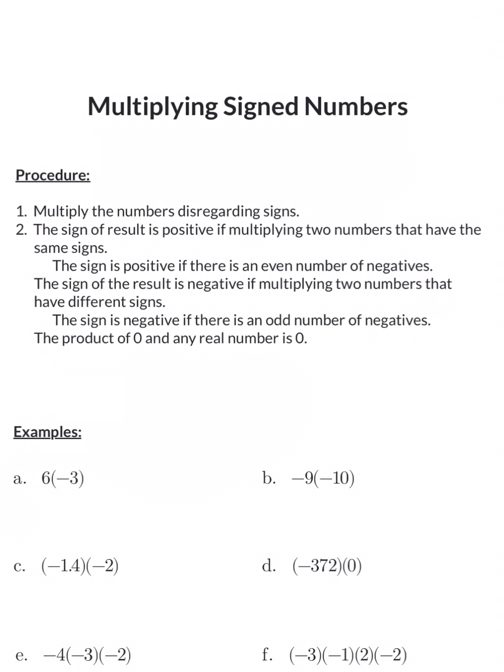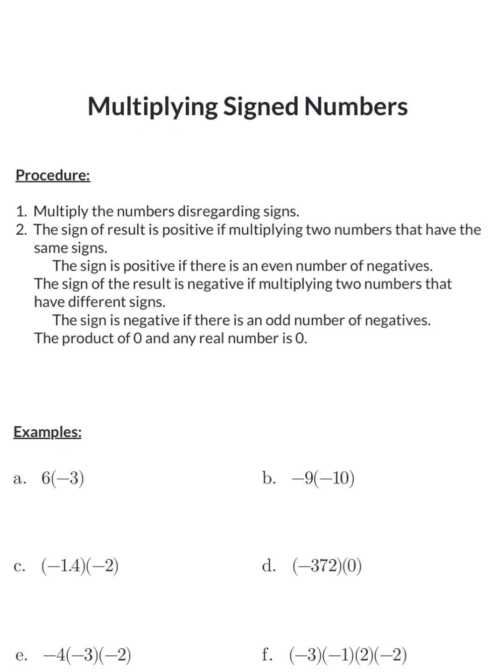So how do we determine what the sign of the answer is? The sign of the answer has to do with how many negatives are in the problem. The sign of the result is positive if multiplying two numbers that have the same sign.